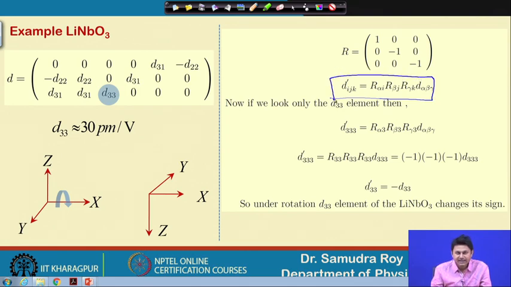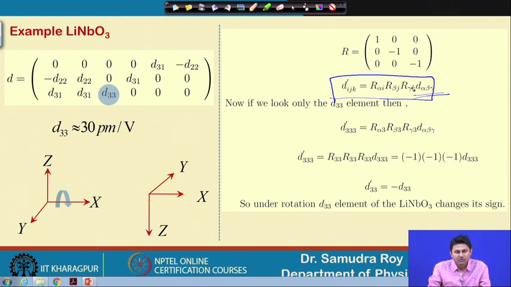So, d_ijk prime is the coefficient ijk of the D matrix in the prime frame, and it is related to the coefficient of the non prime frame d_alpha beta gamma, and R_alpha i, R_beta j and R_gamma k are the components of the matrix that lead to this kind of transformation. In this case it is rotation.